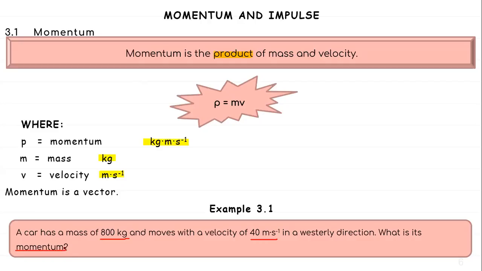And when we say we want the momentum, and you know very well that momentum is a vector quantity, then you need to give us both magnitude and direction. Remember, we didn't just ask for the magnitude of the momentum. We asked for the momentum, which means you need to give us both magnitude and direction.